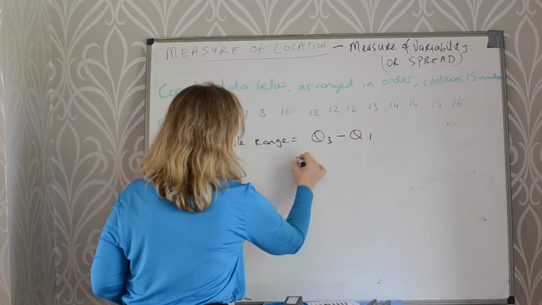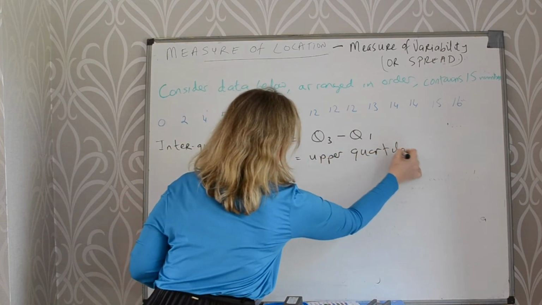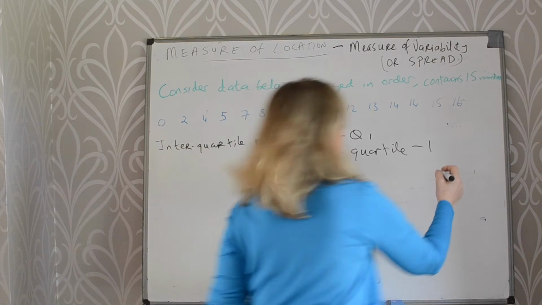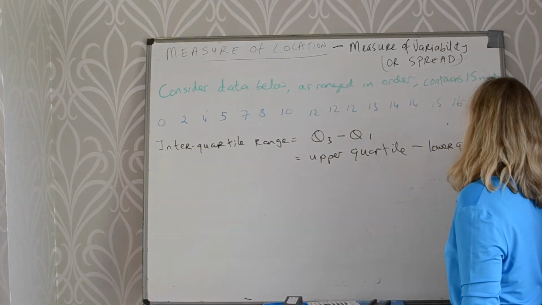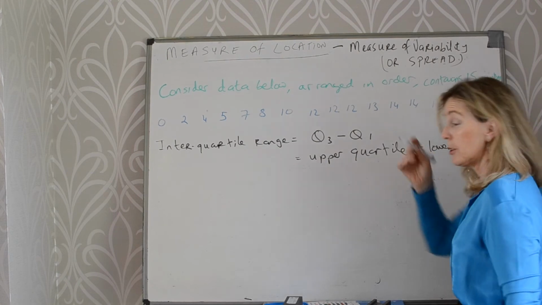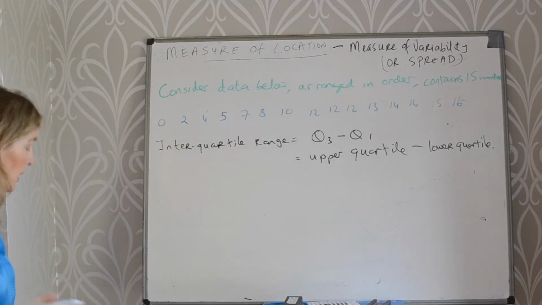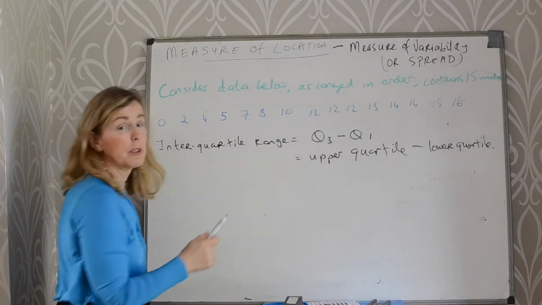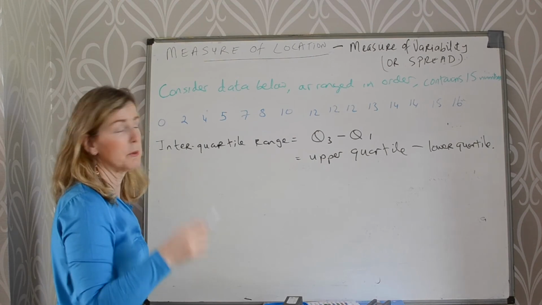If you like, it's the upper quartile minus the lower quartile. Now remember, it's very important when you're doing maths and using formulas that you can say it in your own words, so you know what you're talking about. So Q3 minus Q1 is the 3/4 way mark minus the 1/4 way mark.